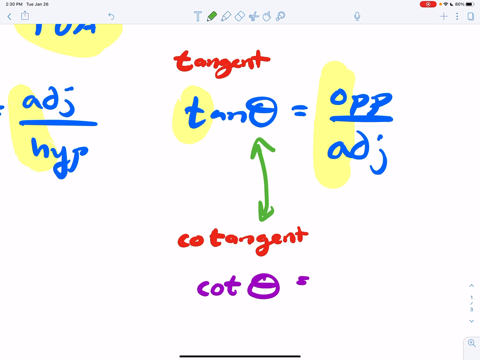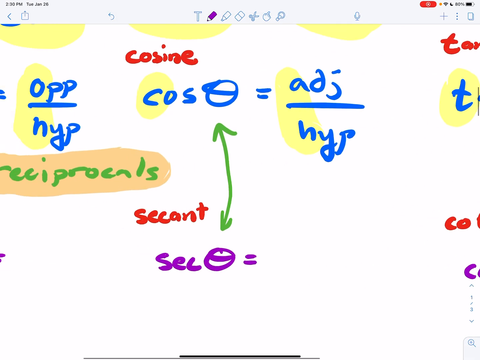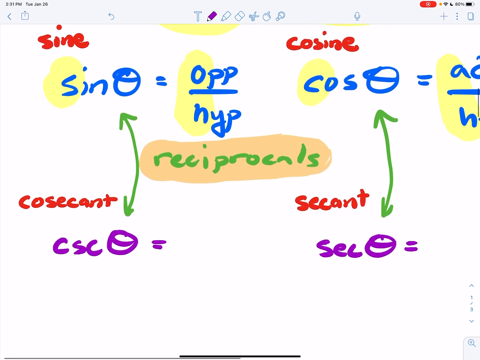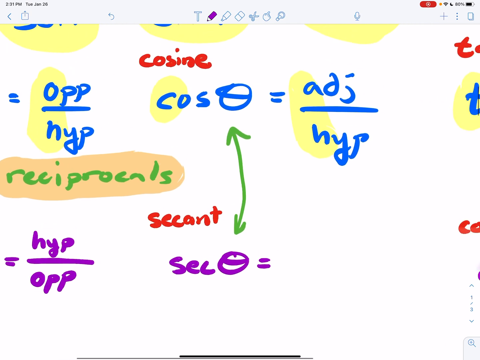So here's what happens. I'll start off over here. If sine is opposite over hypotenuse, and I know that cosecant, don't say CSC, is the reciprocal of sine, then cosecant should be hypotenuse over opposite. Okay?